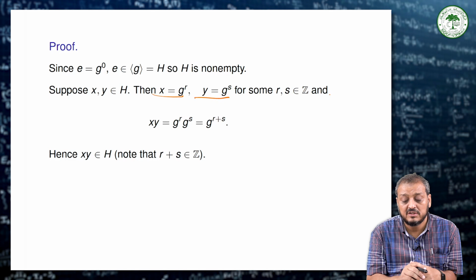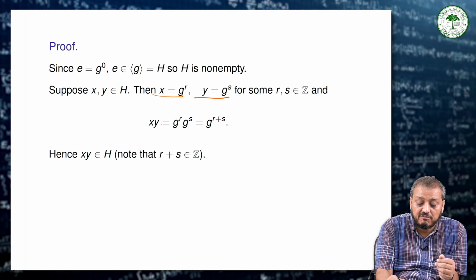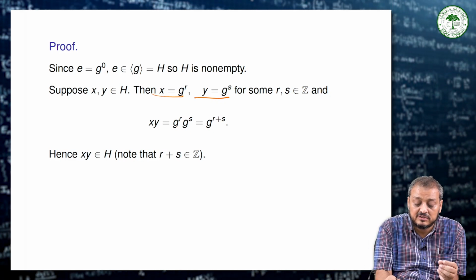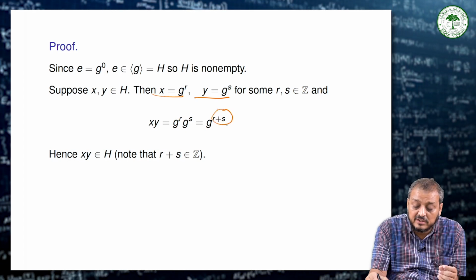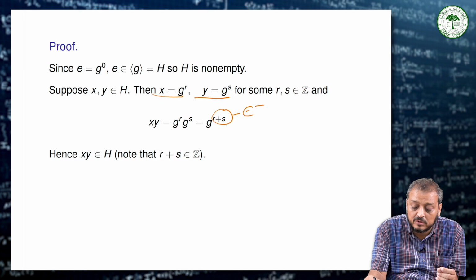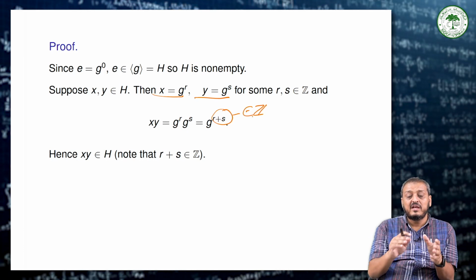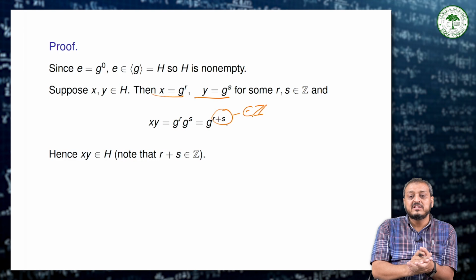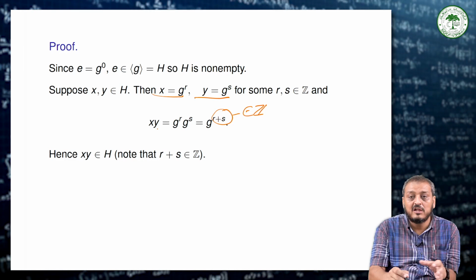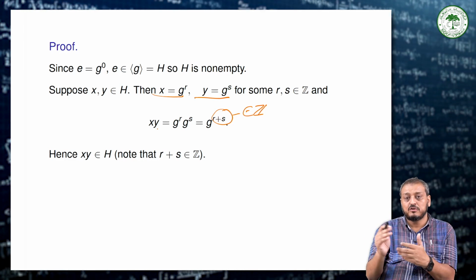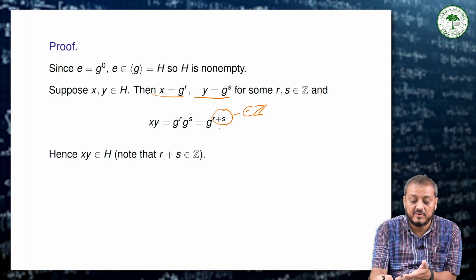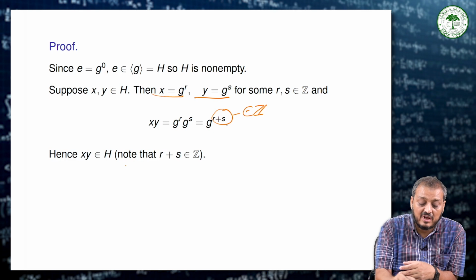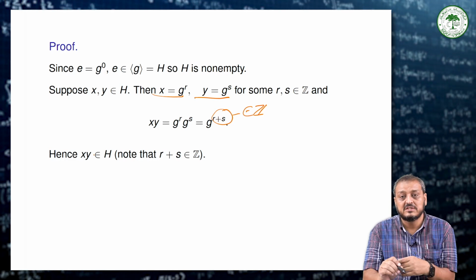And if we write xy, it can be written as g to the power r times g to the power s, which is g to the power r plus s, and r plus s belongs to Z. So clearly we can say that it is again an integer. So xy can also be written in the form of a power of g. This means xy is generated by g. So hence xy is also an element of H.